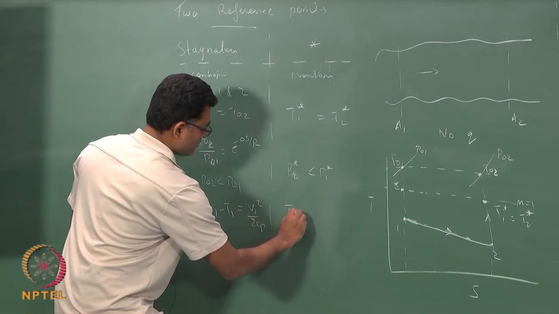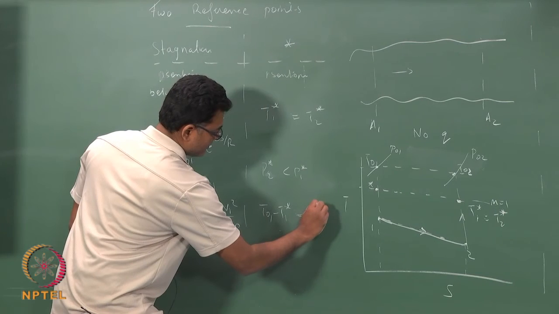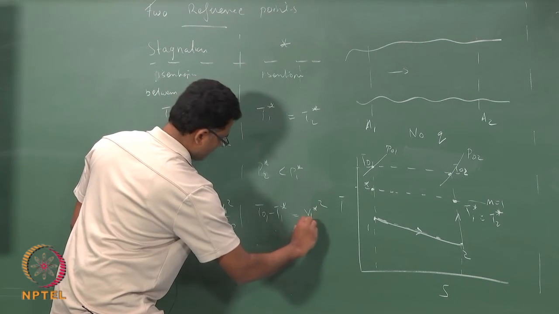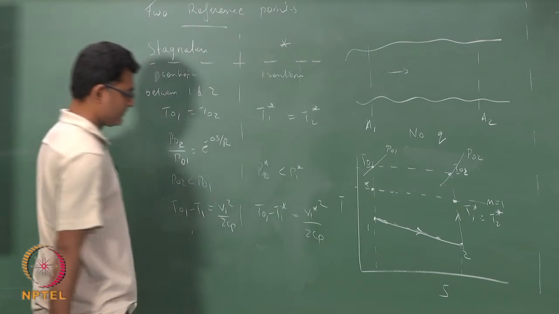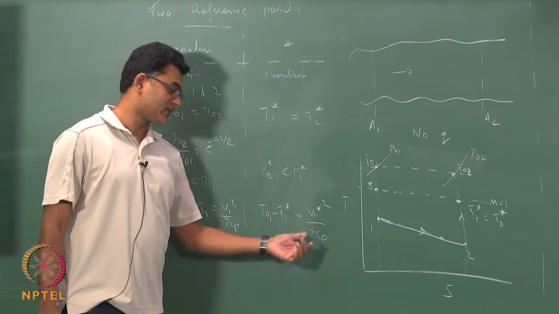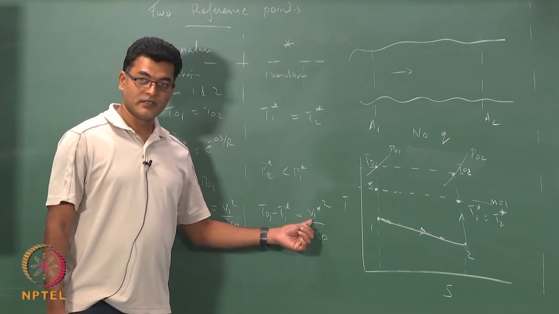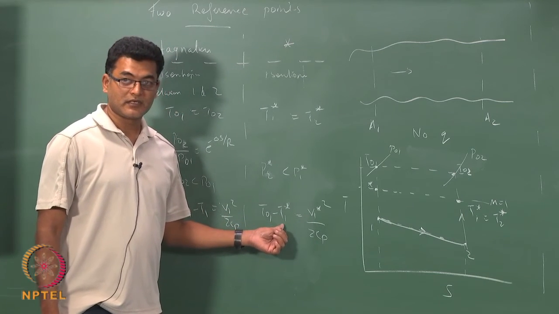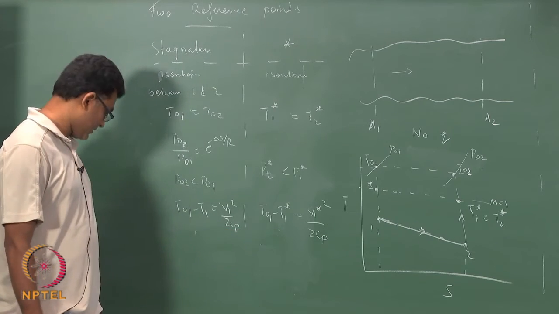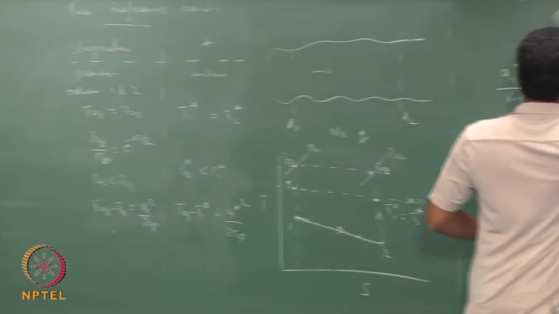Here T01 minus T1 star is your V1 star square by 2 Cp. V1 star square is also your A1 star square, which you can write in terms of T1 star, and you can write the entire quantity in terms of T.